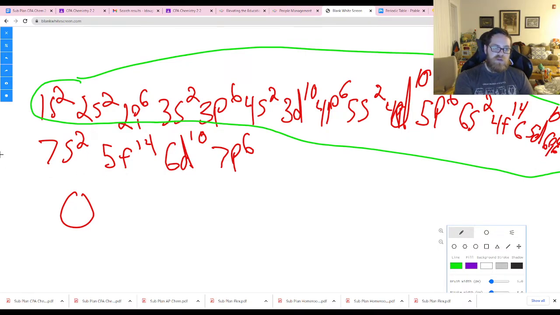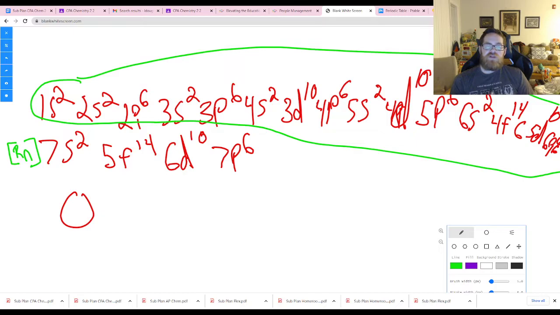So, if we want to just do a shortcut, all we need to do is write radon in little brackets, which is short for all of this. It's basically a substitution, like in math. Radon, 7s2, 5f14, 6d10, 7p6.